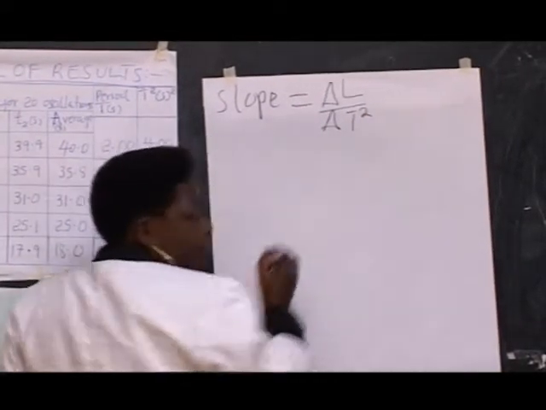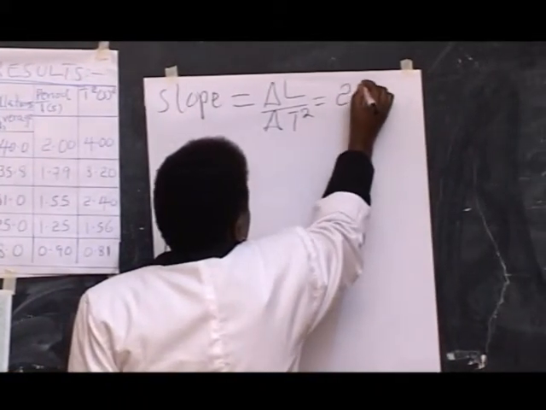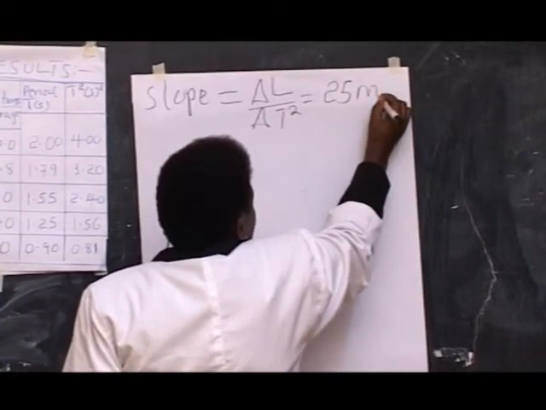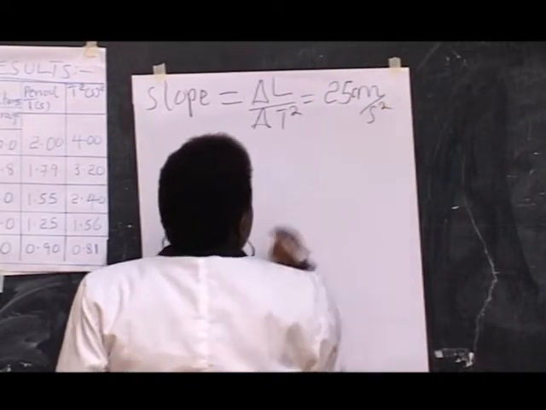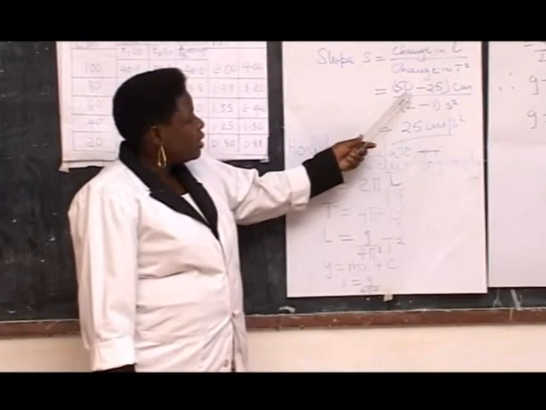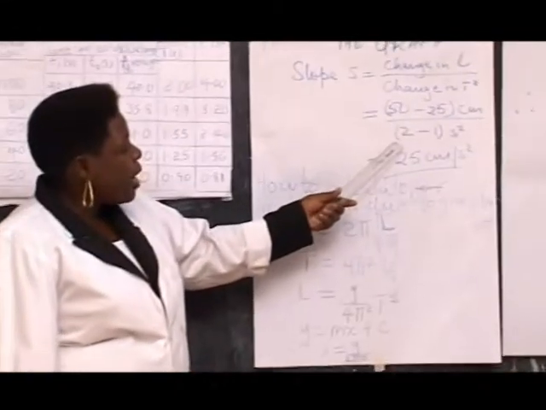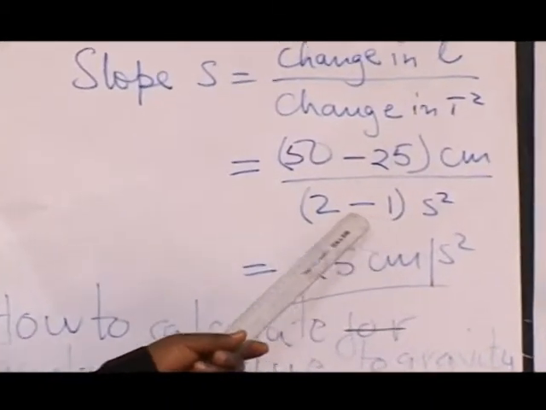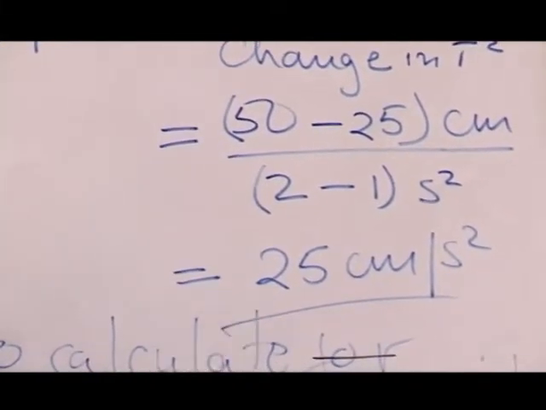According to this graph, it is 25 centimeters per second squared. From the graph, the change in L is 50 subtract 25 divided by 2 subtract 1, then you get 25 centimeters per second squared.